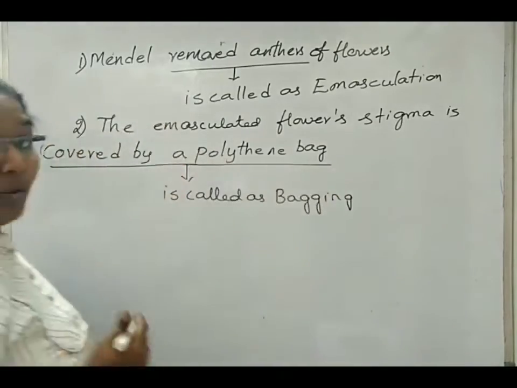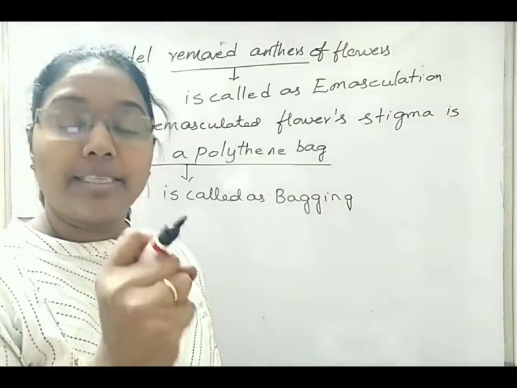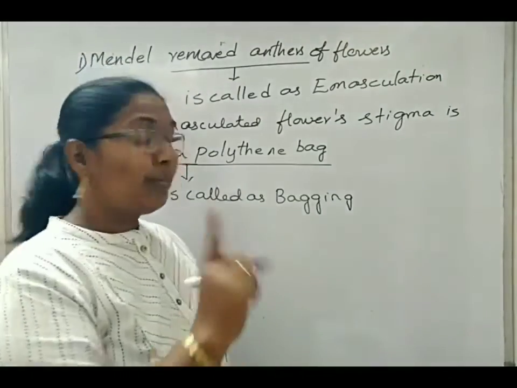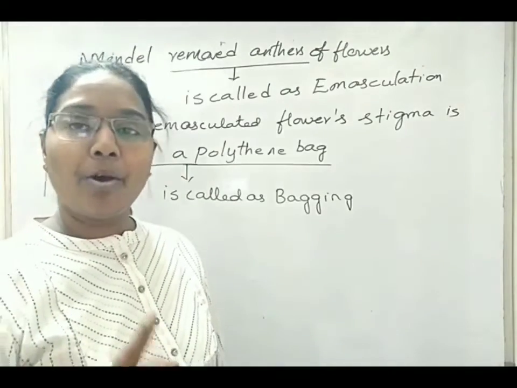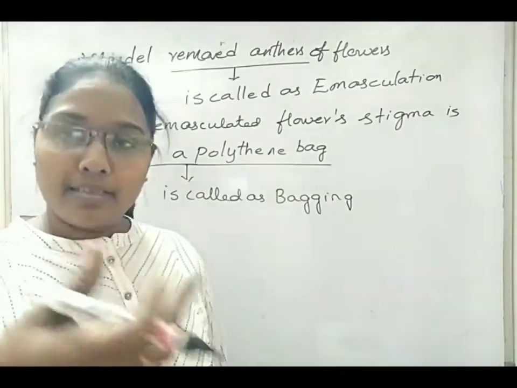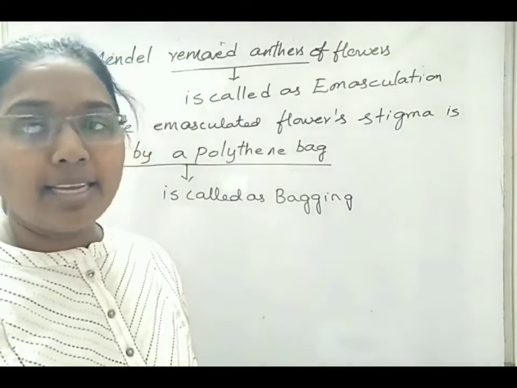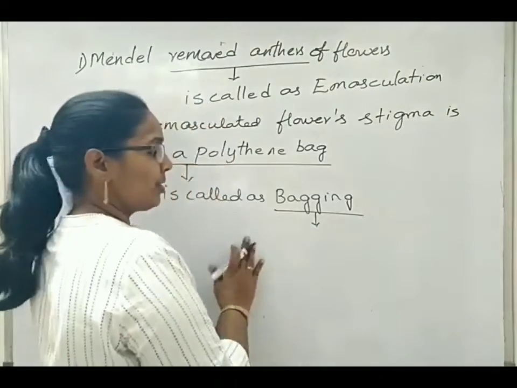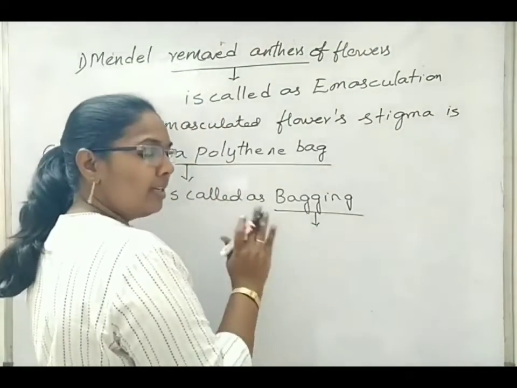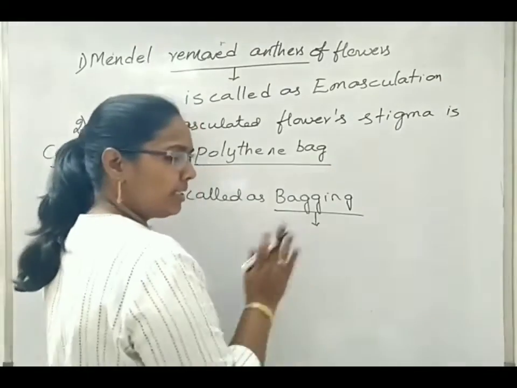Now, what is the use of bagging? Bagging will prevent the contamination of the stigma by the same type of pollen or any other undesired pollen. Bagging means covering the emasculated flower's stigma with a polythene bag or some other bag.